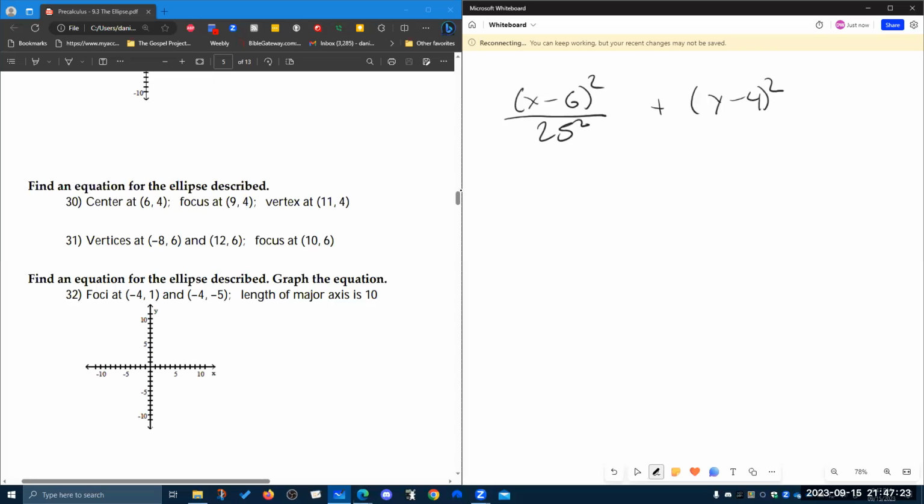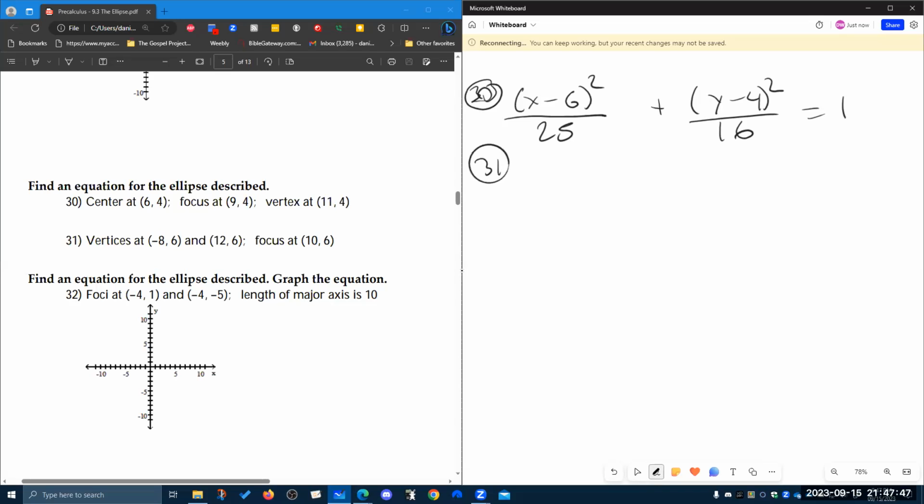So 5 squared is 25. There is a focus at 9, which is 3 away from the center. So I need to have a difference of 9 here. That's 16. That was 30.